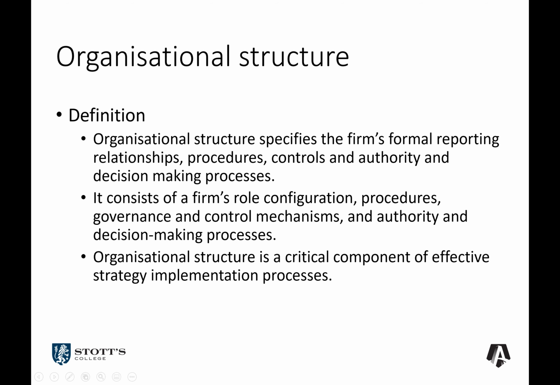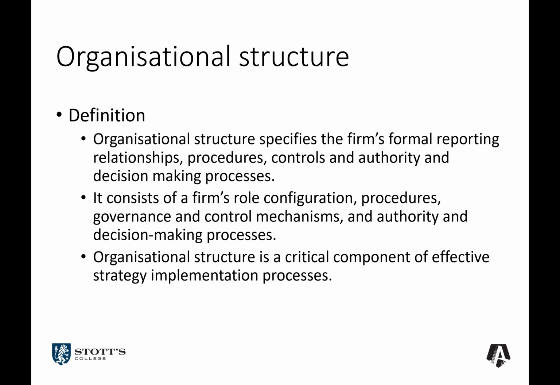So let's start with our definitions. Organisational structure specifies the firm's formal reporting relationships. Who reports to who? The procedures and policies and controls and authority in the decision-making process.